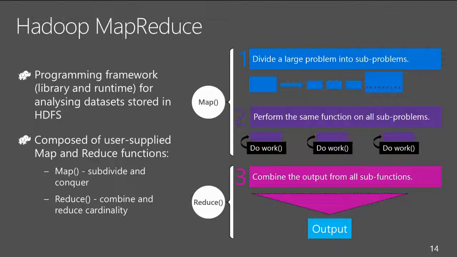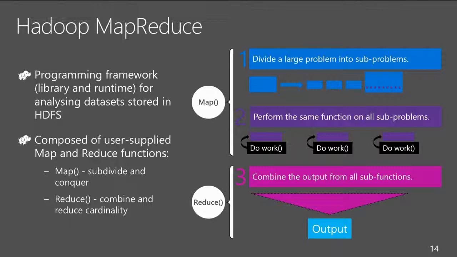And the reducer allows you to combine the results from the mappers and create the final output. So here's an example. On the right, we have a mapper where you take a large problem and divide it into sub-problems. And then you perform the same action on all these sub-problems. And then the reducer joins it and creates an output.